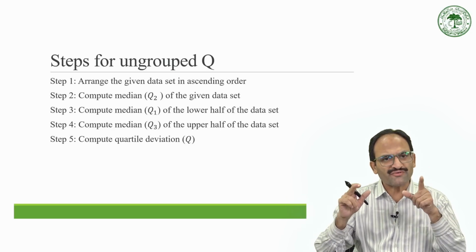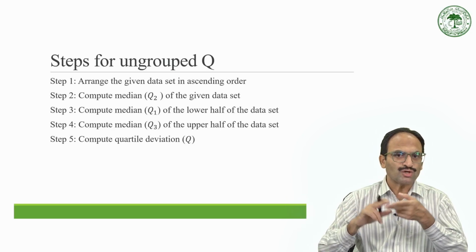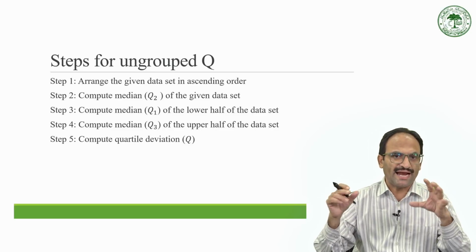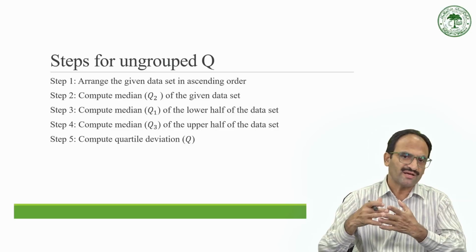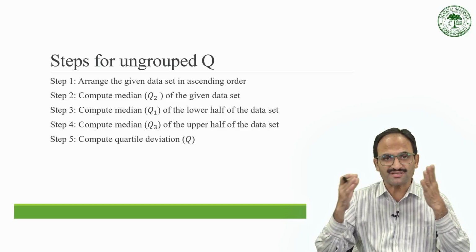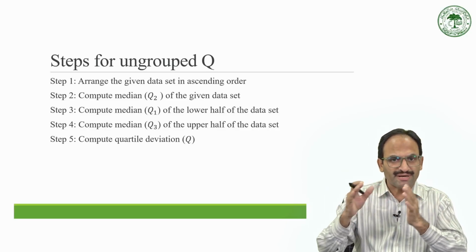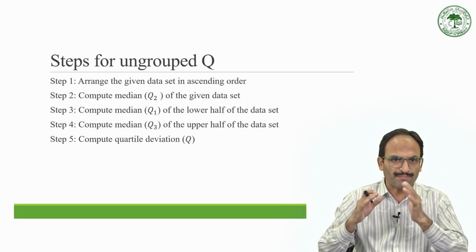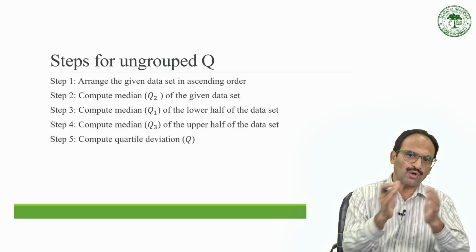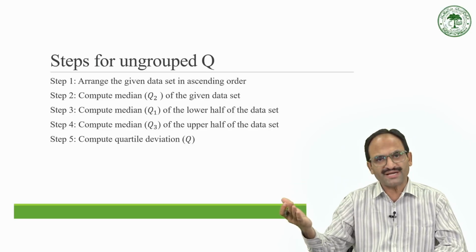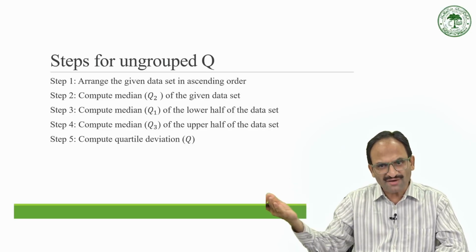Then, in the second step, you compute the median of the given data set, and the median, as I have just mentioned, is the midpoint or the second quartile Q2. After calculating the median of the whole data set, you compute the median for the lower half of the data set, then the median for the upper half of the data set.